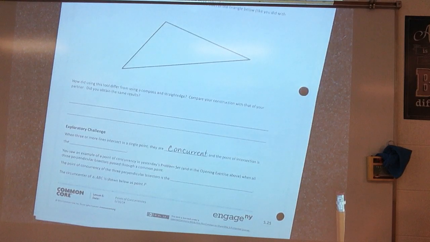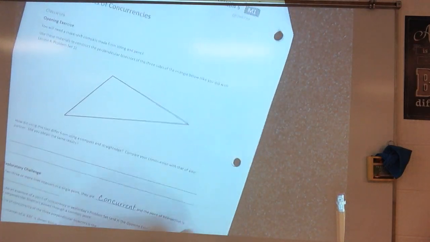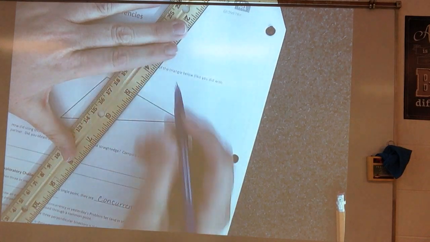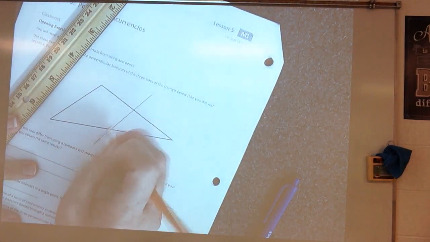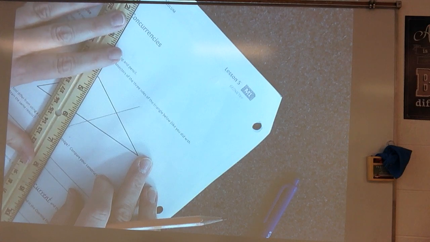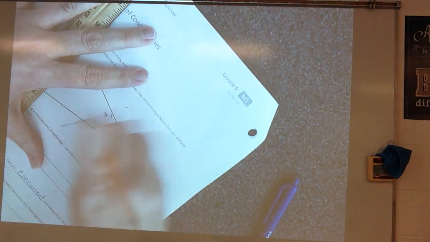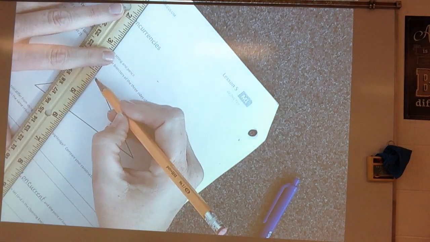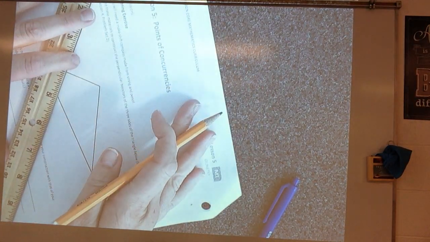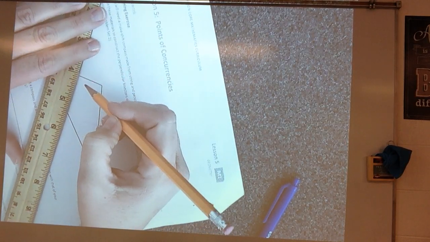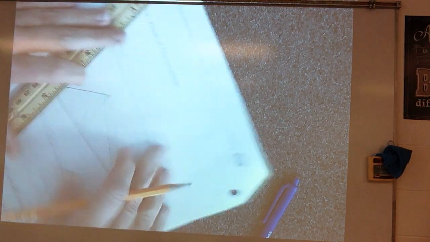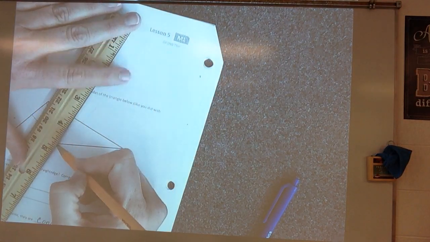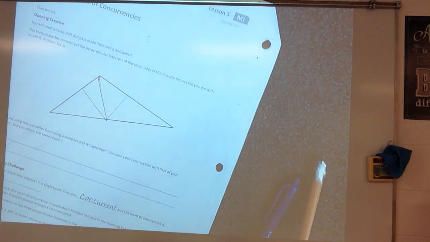So if I were to actually construct perpendicular bisectors in the opening exercise, I'm not going through the steps to do it, but if I were to do perpendicular bisectors, you would actually see that they would all three come together at a point, okay?